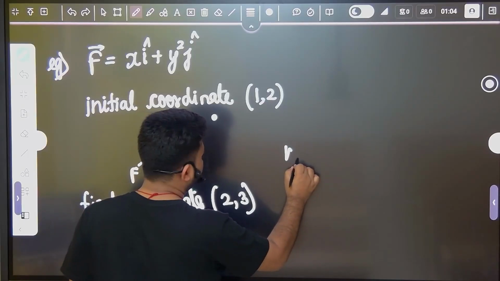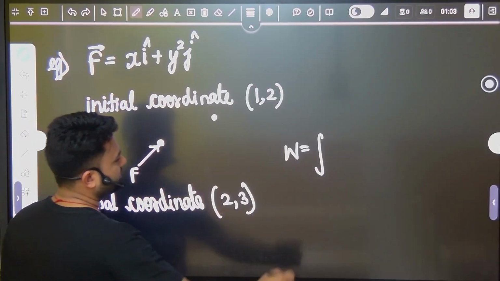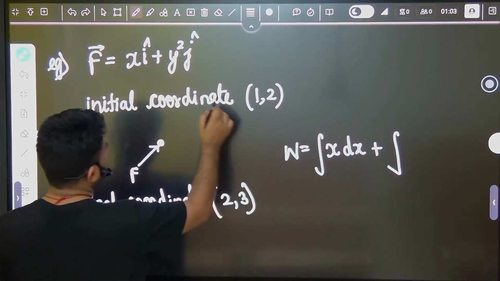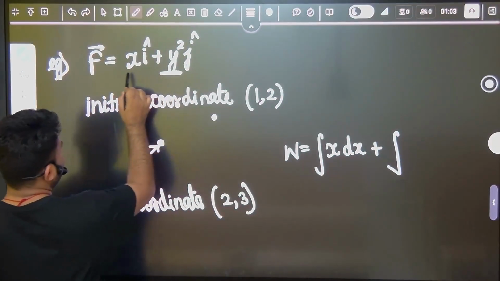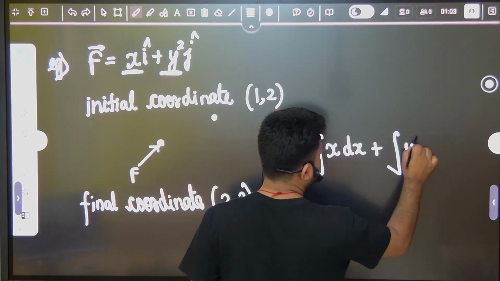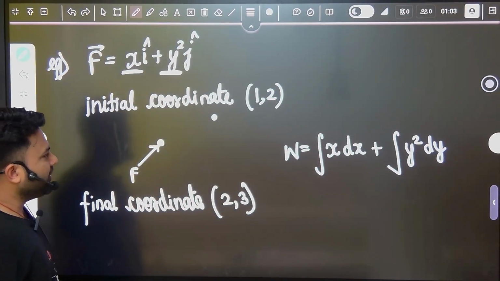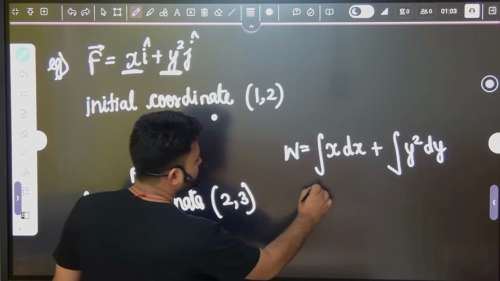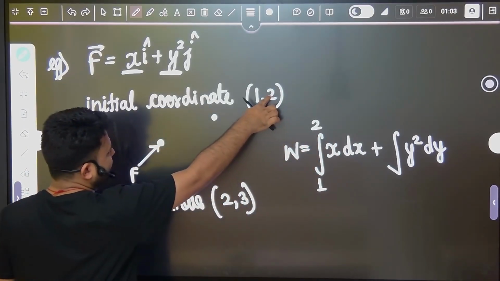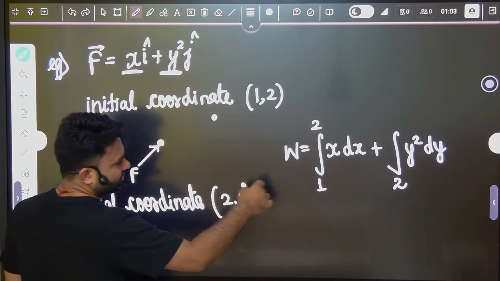What will we write? Work done will be integration of fx dx plus integration of fy dy. This x is the x component of the force, and this y square is the y component of the force. So y square dy. We don't have z components here. Now, what was the initial x coordinate? 1. What is the final x coordinate of the particle? 2. Similarly, what was the initial y coordinate? 2. What was the final y coordinate of the particle? 3.